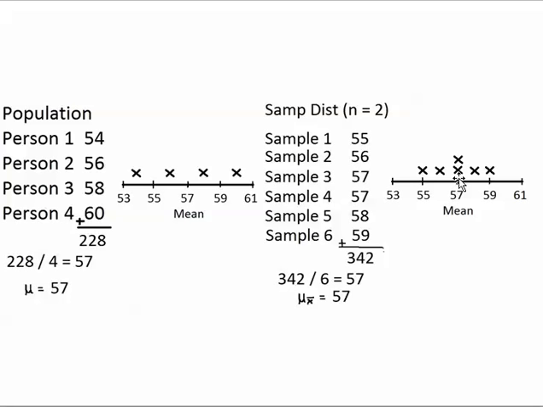And we can see that this side of the sampling distribution has sample means that underestimate the population mean. This side of the sampling distribution has sample means that overestimate the population mean. But it's roughly half underestimate and half overestimate, because the population mean is at the center.